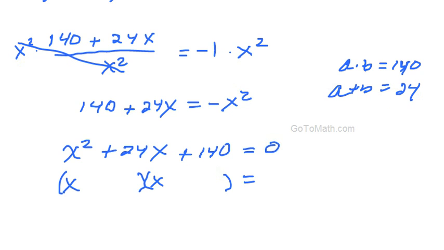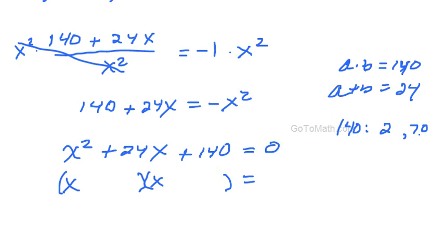Let's see, we know that 140, 70, is that right? Yeah, well, that's not going to give me 24. Let's break this down. We know that 2 and 70 will give us 140, but there's no way we can get 24 here.